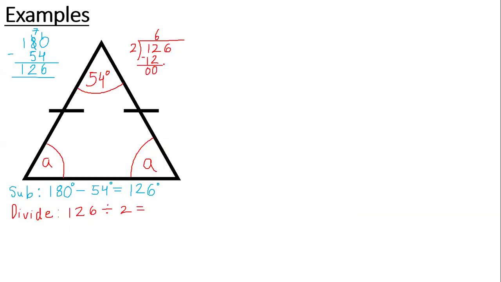We bring down the 6. How many times does 2 go into 6? 3 times. 2 times 3 is 6. 6 minus 6 is 0. And so 126 divided by 2 gives us 63.